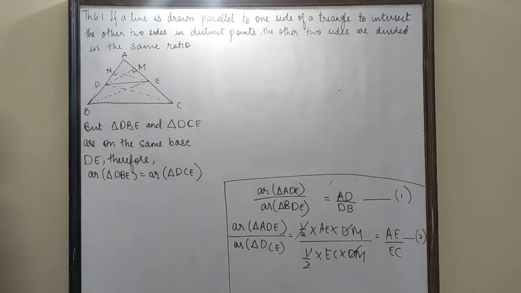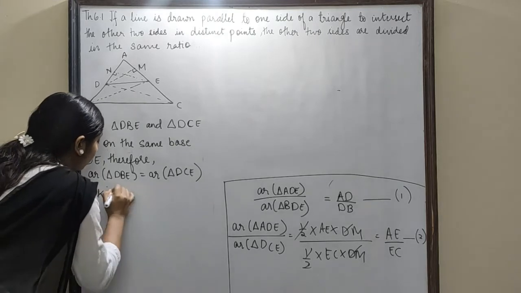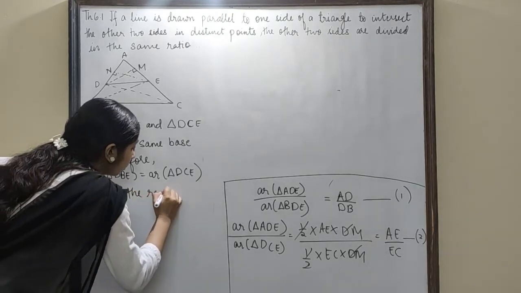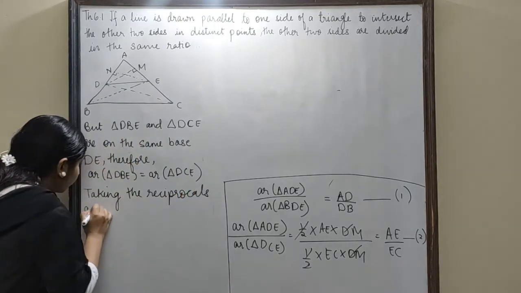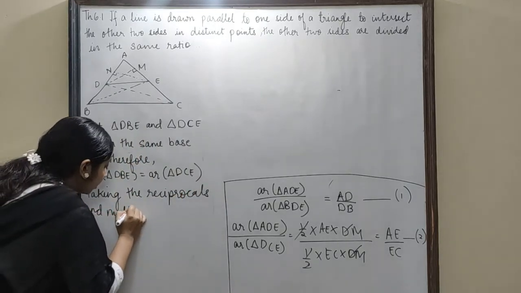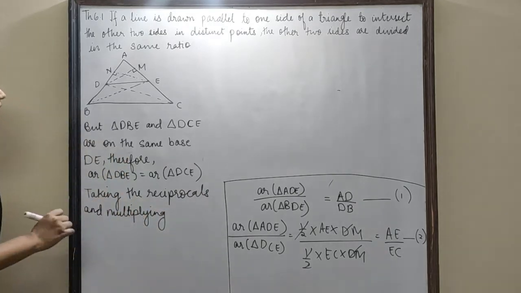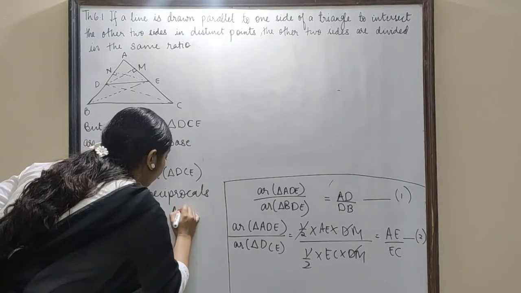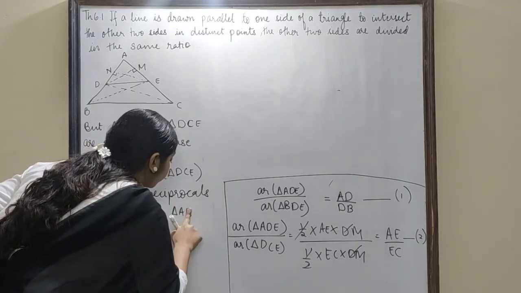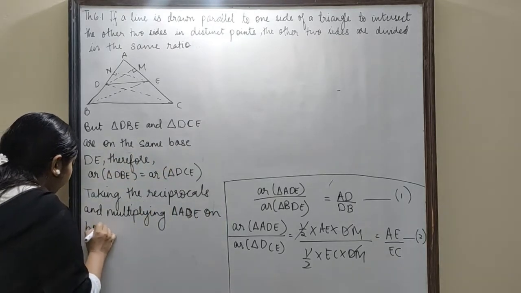Now the next step, we're going to take the reciprocals and multiply triangle ADE on both sides.